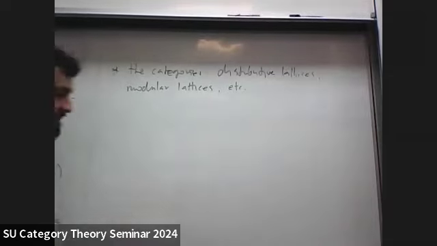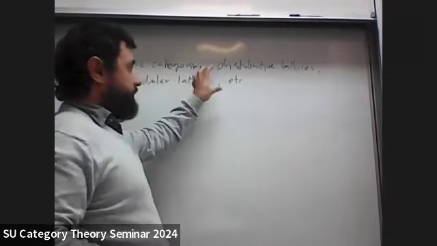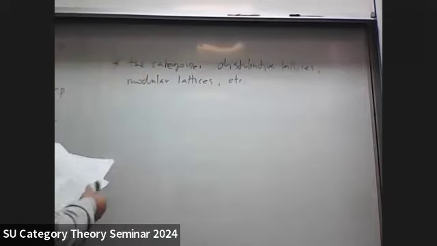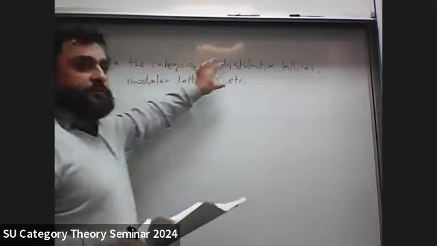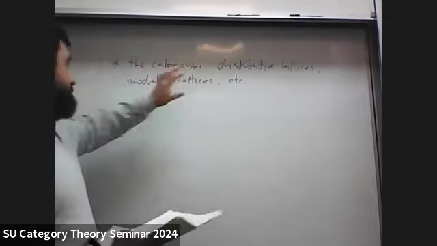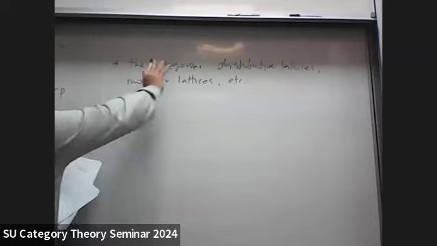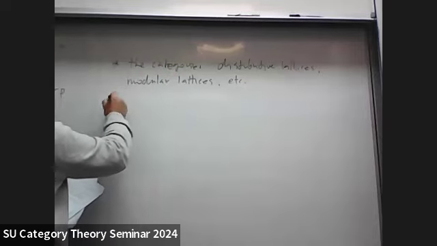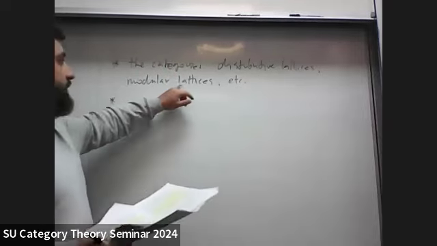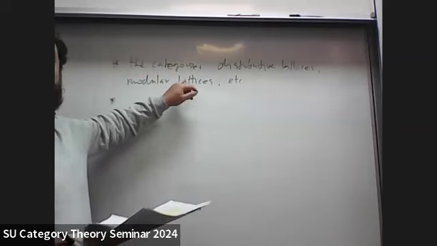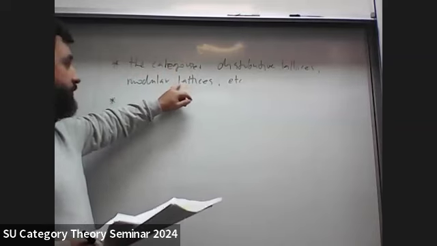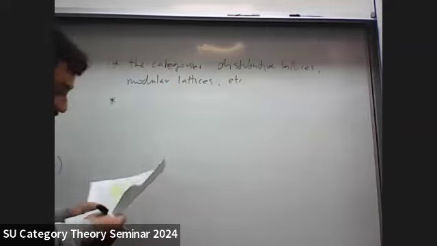This class of examples comes from so-called Grandis exact categories. There, we actually choose normal subobjects as the subobjects. So in some sense, they're closer to abelian categories, but the big difference is that these categories do not have products. So they're kind of a product-free version of abelian categories.